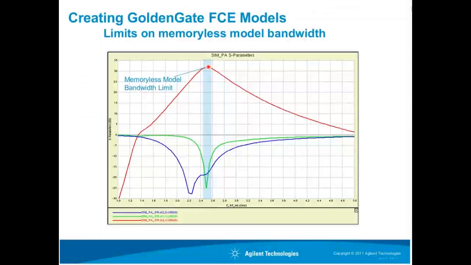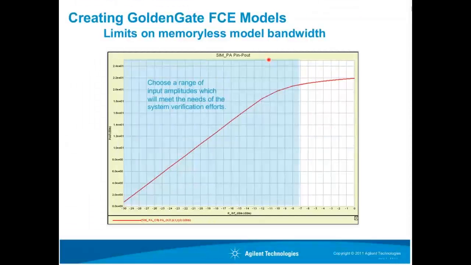Now, if you're building a model with memory, you don't have the same limitation. It'll capture all of these effects, but you're going to be specifying in the model creation how wide your modeling is. On the amplitude side, you're not going to want to go 30 dB into compression because you'll have a model that takes forever to create, and you may run into convergence problems in your creation.